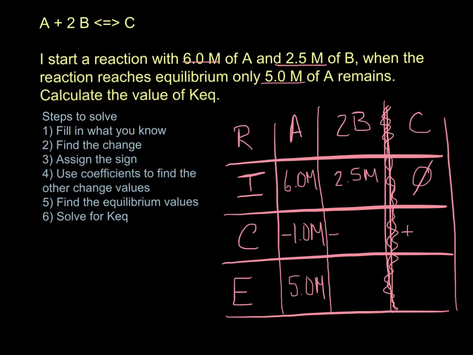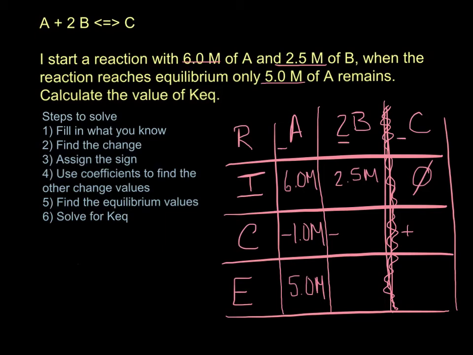Now, step 4 says that we're going to use the coefficients to find the other change values. Now, we know that our mole ratio was 1A to 2B to 1C. So our change is related the same way.